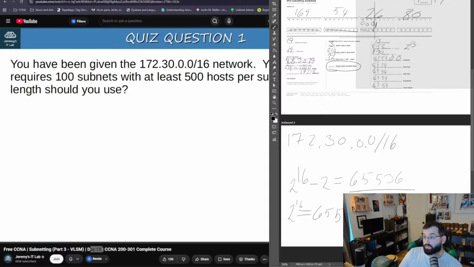Your company requires 100 subnets with at least 500 hosts per subnet. What prefix length should you use? Okay.